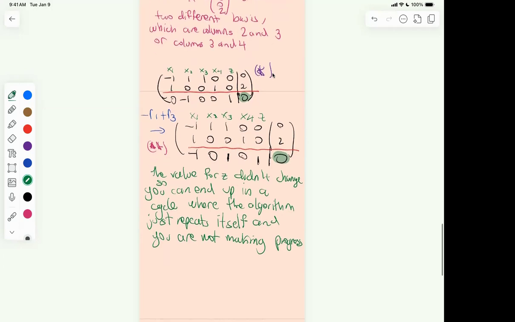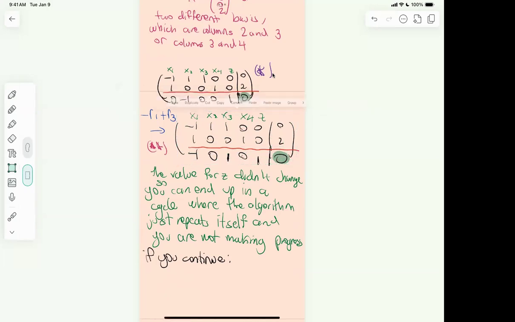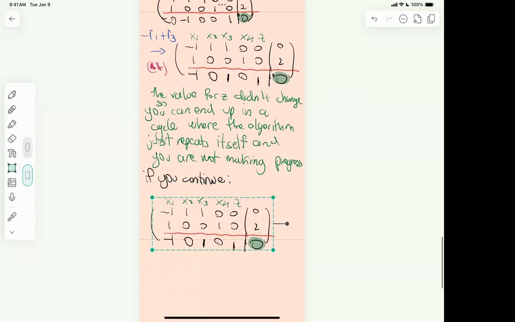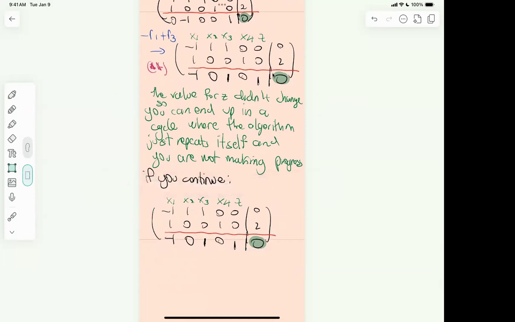But if you continue in this case, again, the only coefficient which is negative would be here.